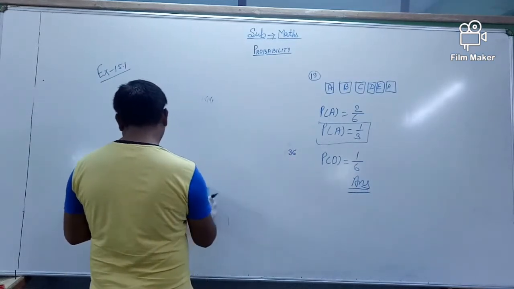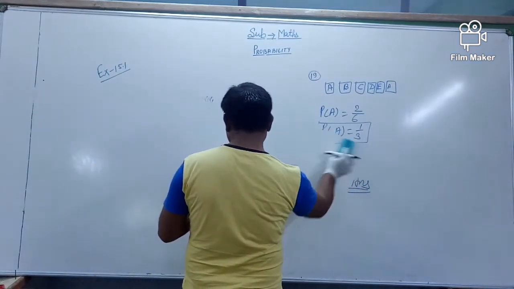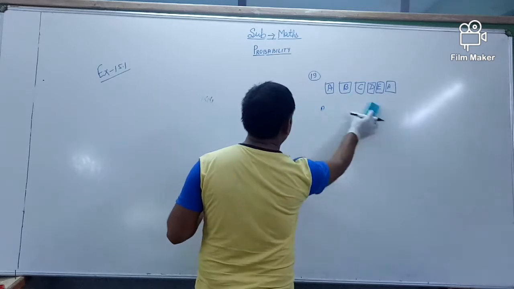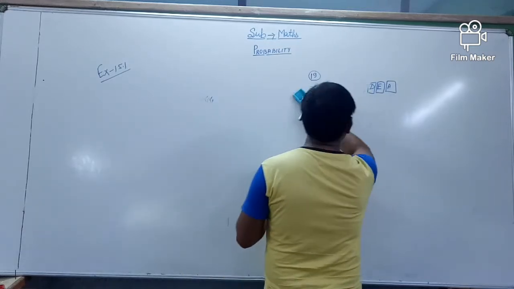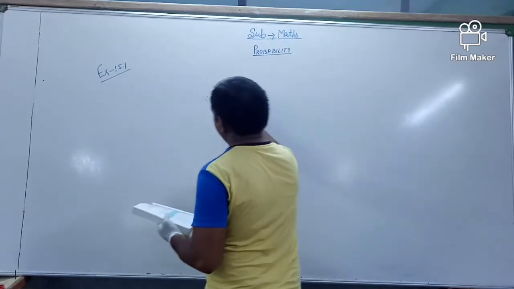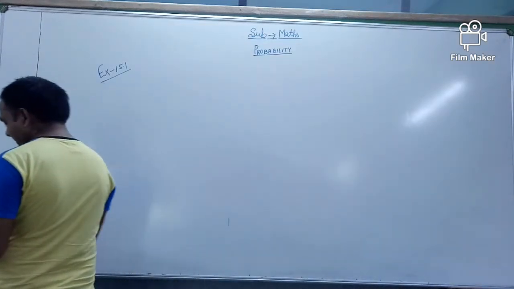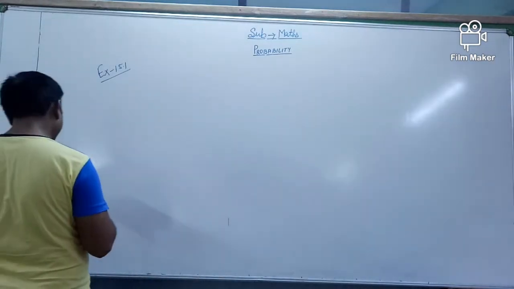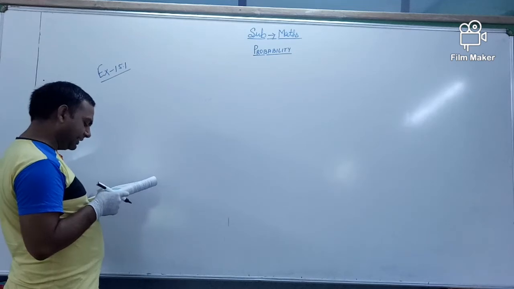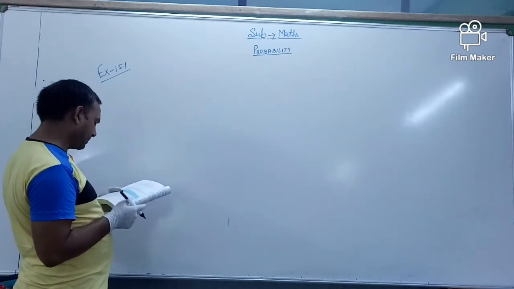Next question. A game consists of tossing a 1 rupee coin 3 times and noting its outcome each time.